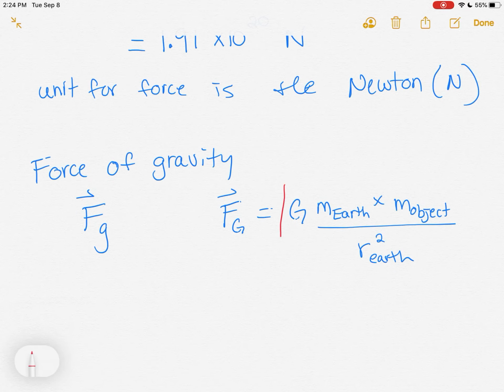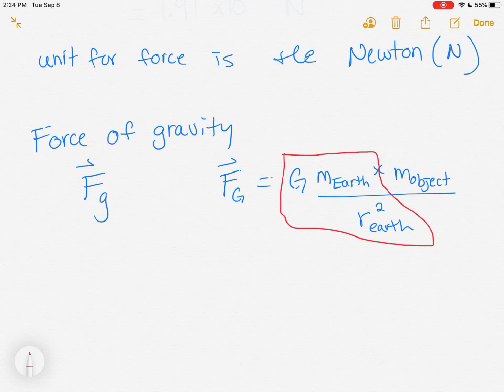So all of this section ends up being a constant value because those values never change. The mass of the Earth stays constant. The radius of the Earth is not going to change. Neither is our gravitational constant. So we end up with a gravitational force that ends up being the mass of our object times a constant.